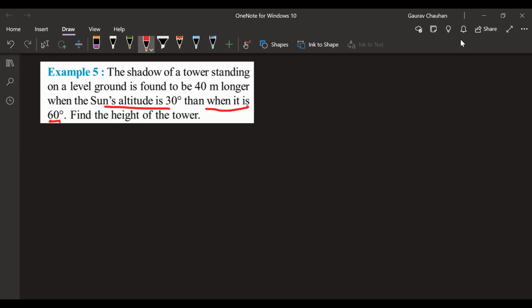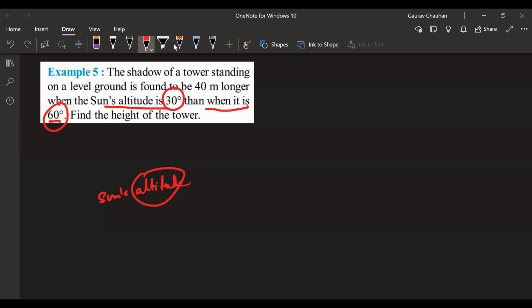What are we talking about when we say sun's altitude? What does the word altitude usually mean in maths for us? Height. It means height. That's always meant height. But can the height be 30 degree or 60 degree?